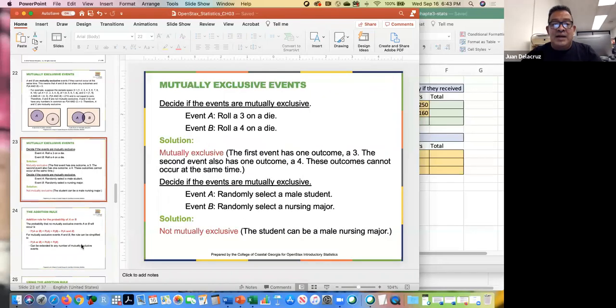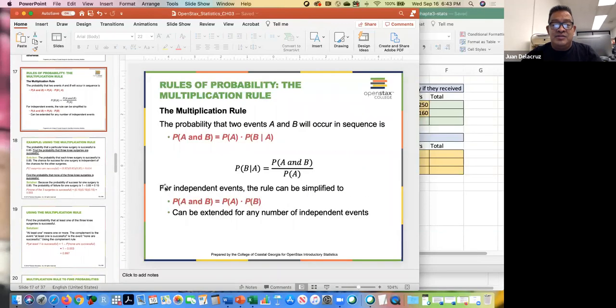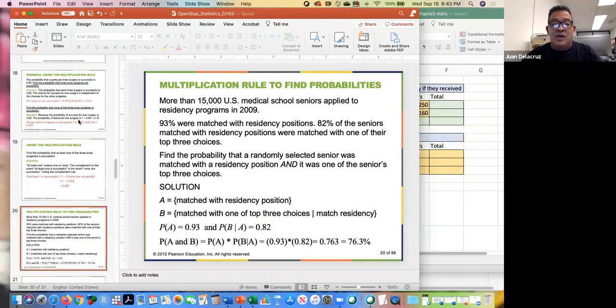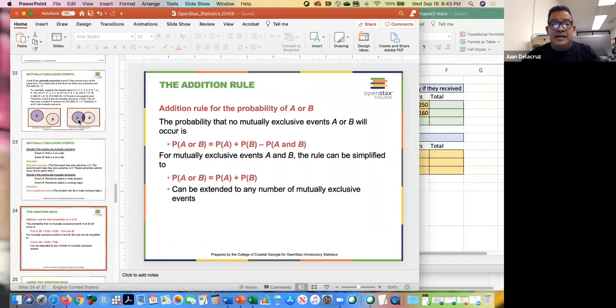Notice that this is the probability of A and B. In the previous one, we were looking at the conditional probability, right? So the multiplication rule uses the conditional probability, whereas the addition rule uses the union of both.